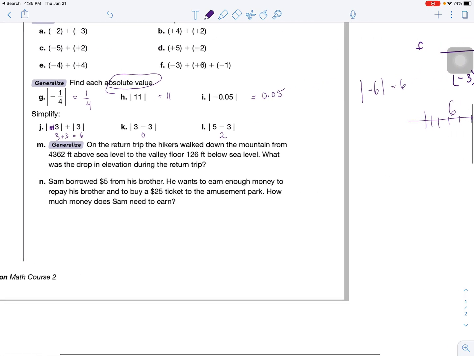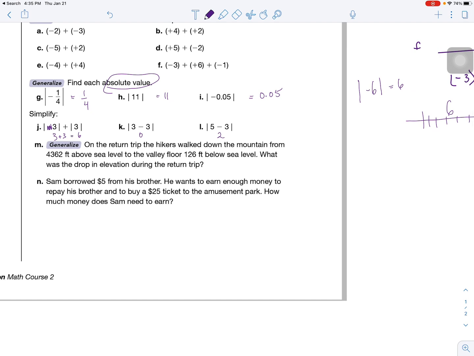So with M and N, it's very good for you to draw a number line that's vertical, for M anyways. So if we draw a line here, it says, hikers walked down the mountain from 4,362 feet above sea level, so this is sea level, to the valley floor, 226 below sea level.